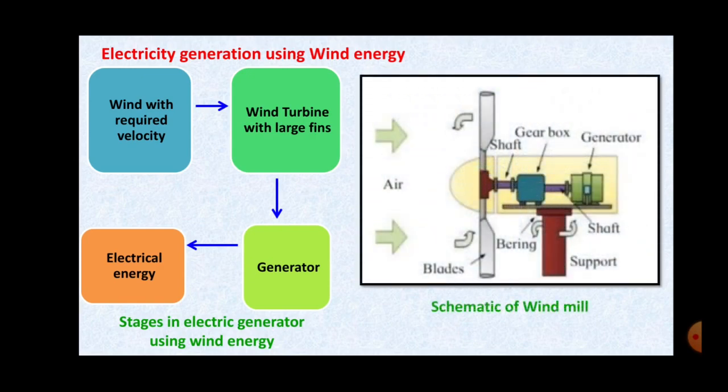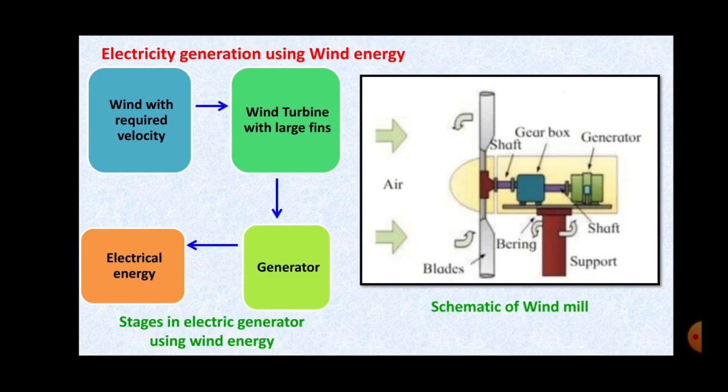If we see the schematic of a windmill, we can see the blades of the wind turbine, and the shaft is connected to the gearbox, and in turn the gearbox shaft is connected to the generator.